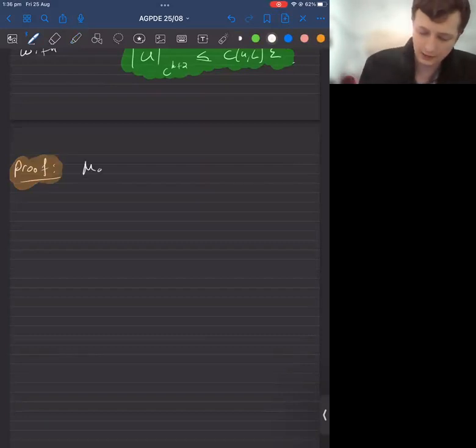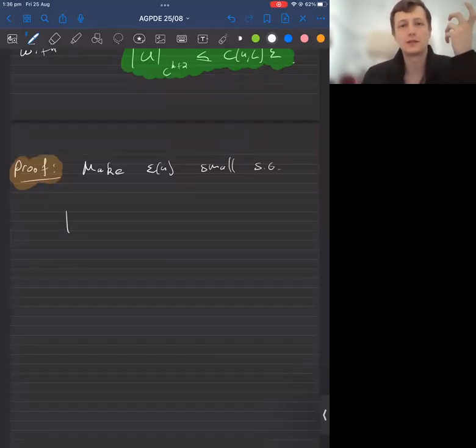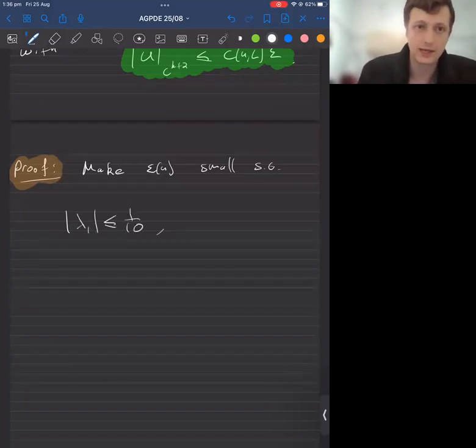So again, we make our epsilon_n small such that, well now, we're asking that the Weingarten map is close to that of a cylinder, right? So we can make lambda_1 very small and the others very close to 1.